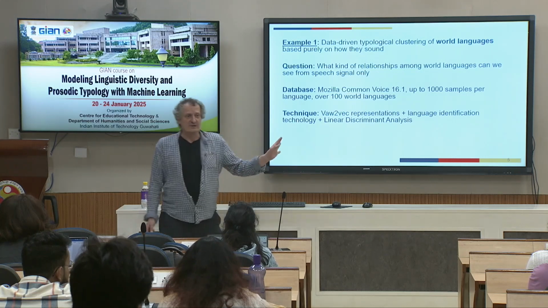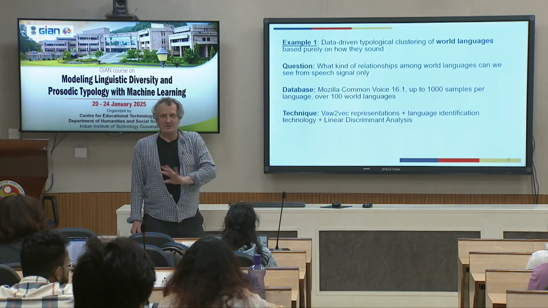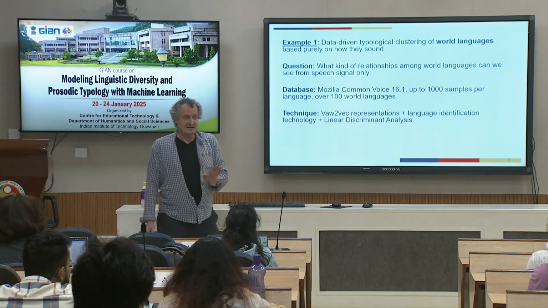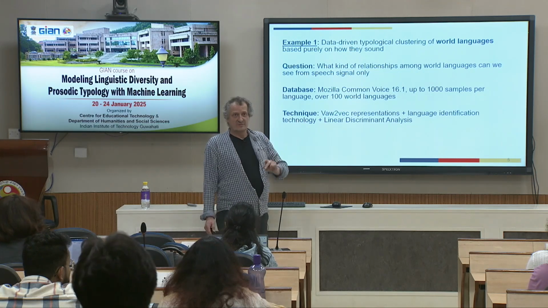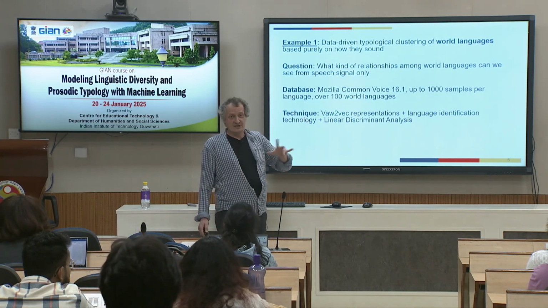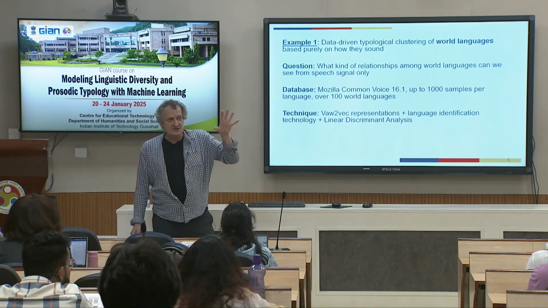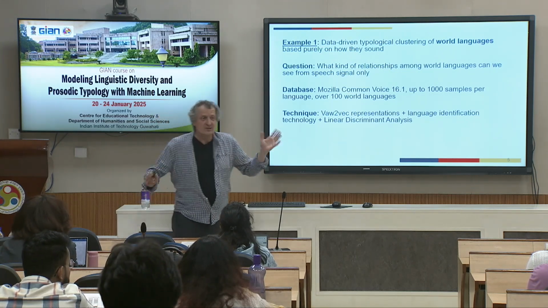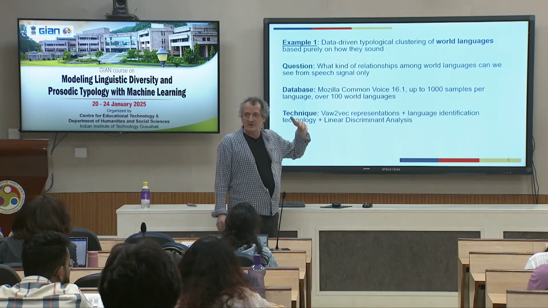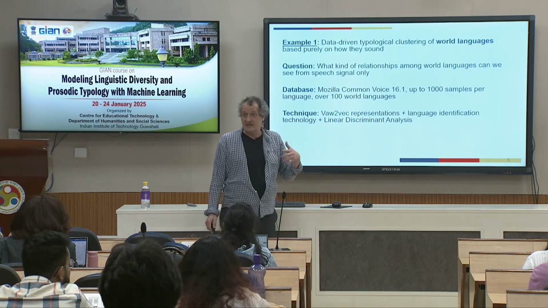African languages are almost completely missing. South American native languages are almost completely missing, but the Southeast Asian languages are represented somewhat, to a lesser degree. Even Central Asian languages are represented, so it depends. It's a little bit of hit and miss. It's an ongoing project, and new samples are being added.